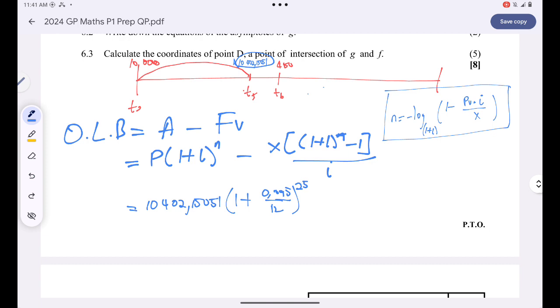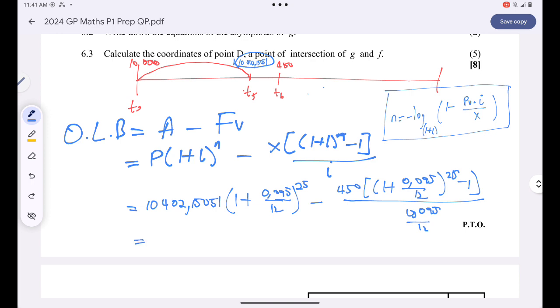So n will just be 25, né? Minus X, that's 450, multiplied by ((1 plus 0.095 over 12) to the power 25 minus 1) all over 0.095 divided by 12.